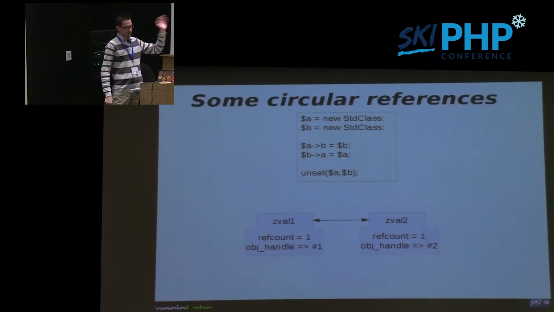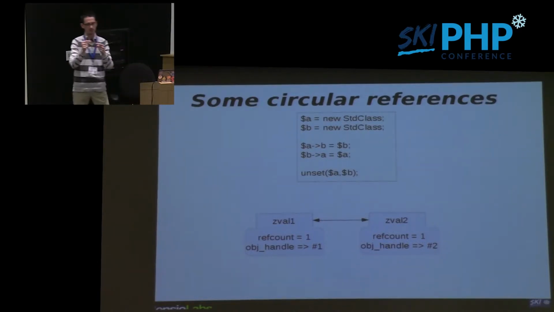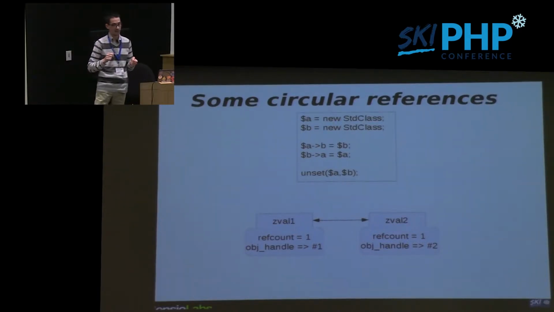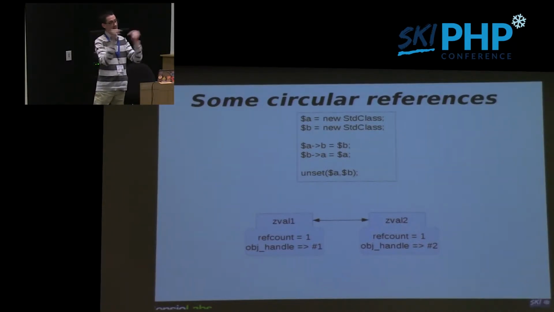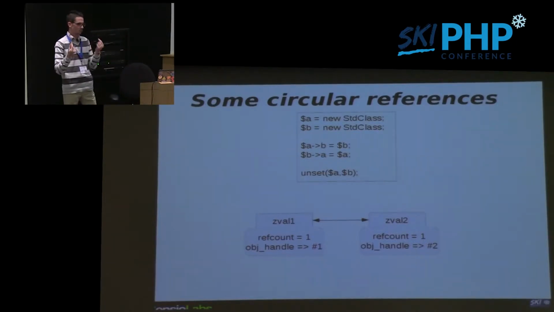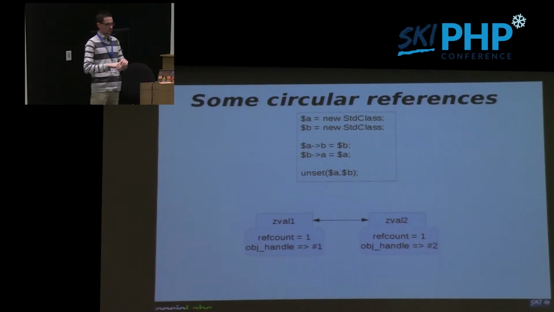So in this script, I create two objects, I make them point to each other, and then I unset the zvals, but PHP cannot free them because they still own each other. Okay, but you as a PHP developer, when you unset the two variables, you cannot access those objects anymore.